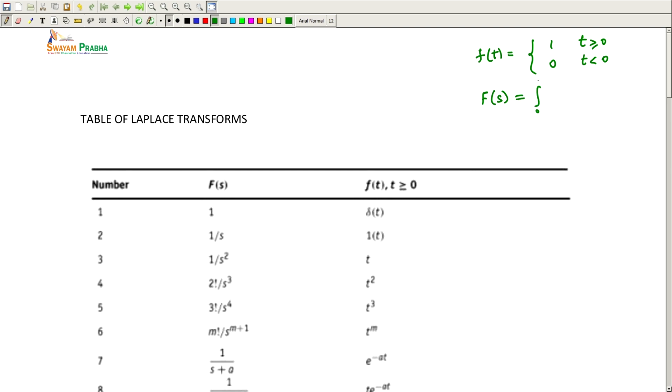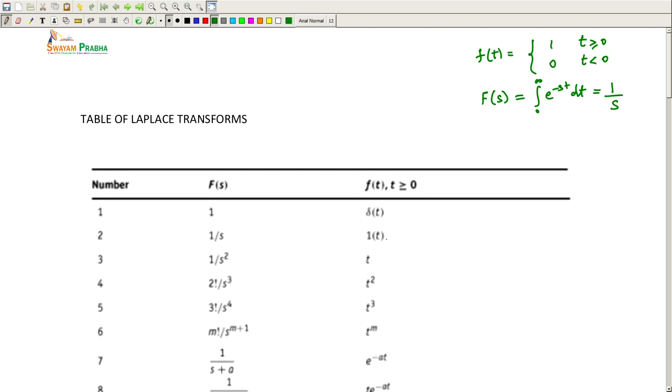So, going from 0 to infinity, f of t will be 1, we will get e to the power minus s t dt, and if you perform all these calculations, you will see that it is just 1 by s.